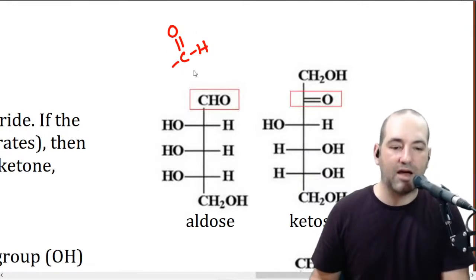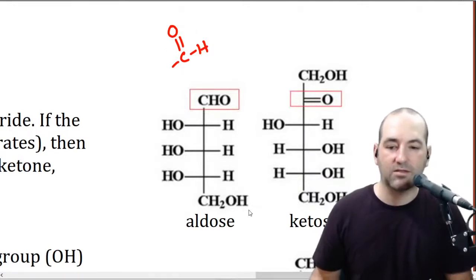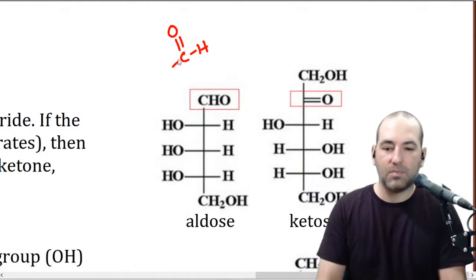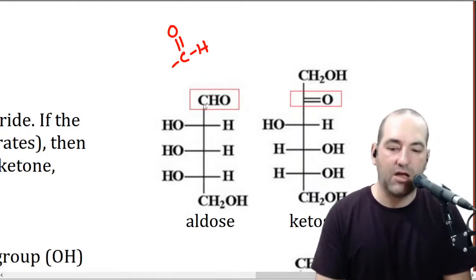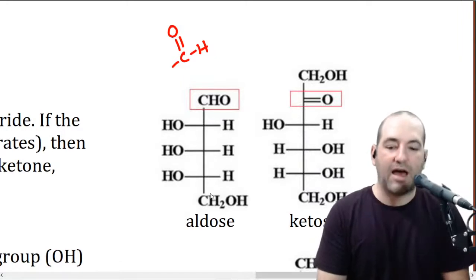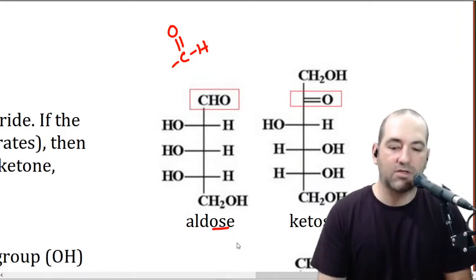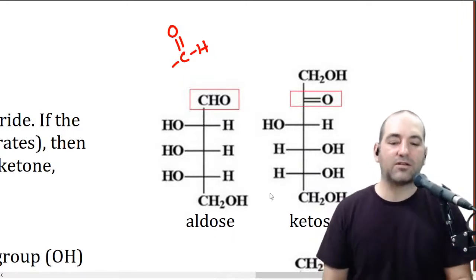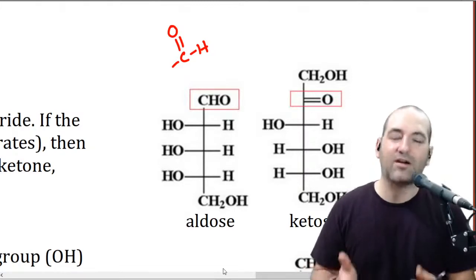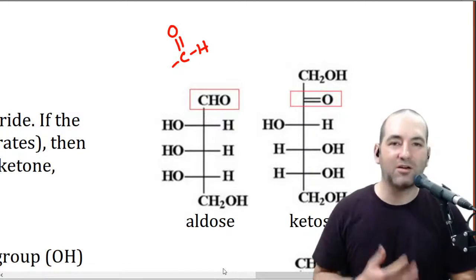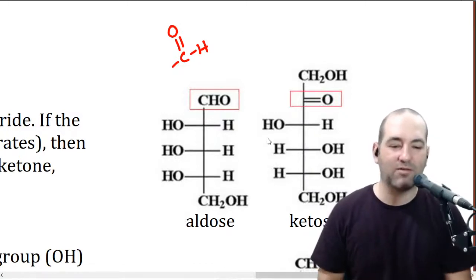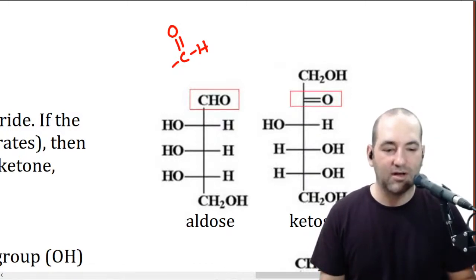That's an aldehyde, if you remember from the last chapter. And an aldehyde, being at the top of the chain here, makes that sugar an aldose. This ose suffix is often applied to carbohydrates. That's why they all have that, right? Glucose, lactose, sucrose, cellulose. Pretty much all of them have that ose suffix.